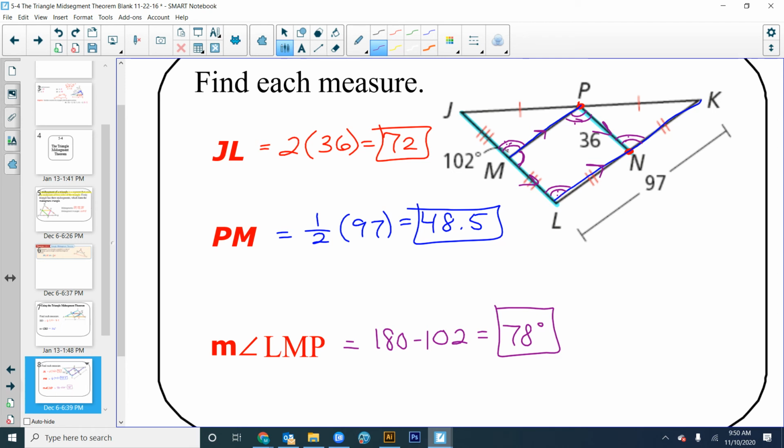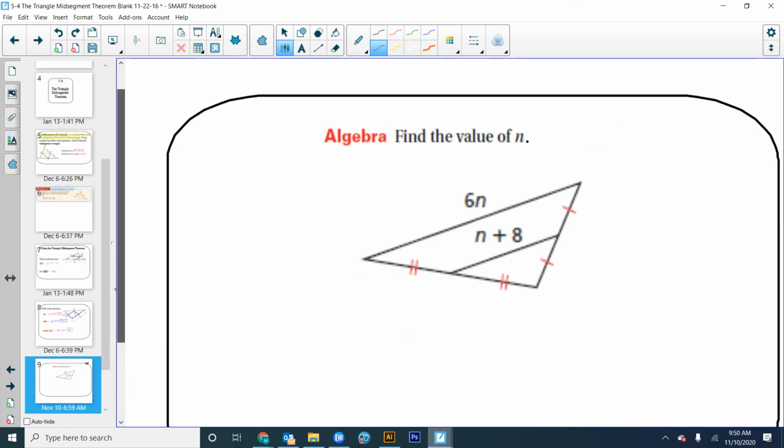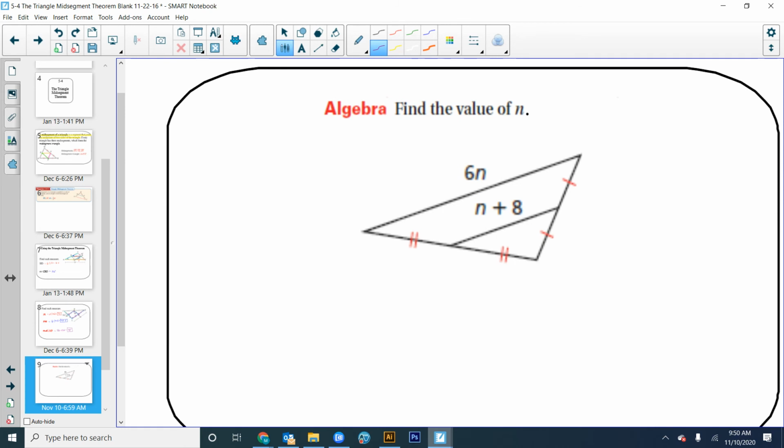Very good. Last problem for today. What's this called? Is it a median or a mid-segment? Mid-segment. Connects the midpoints of the triangles.